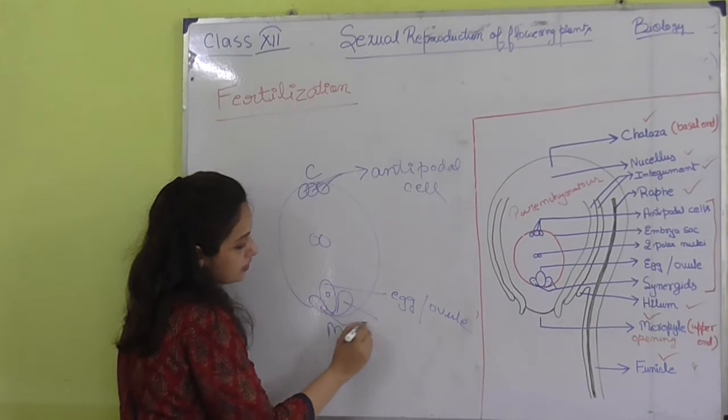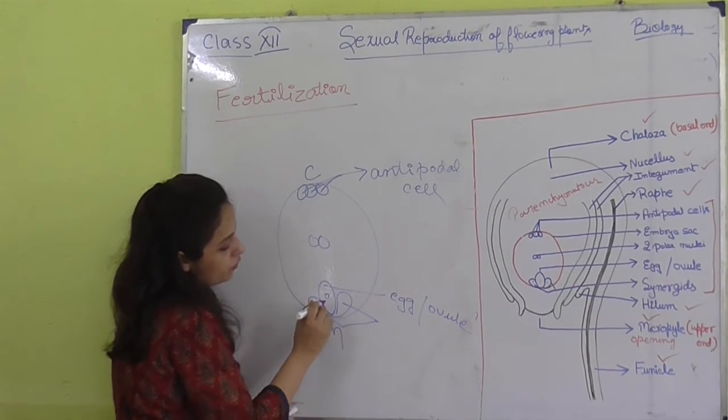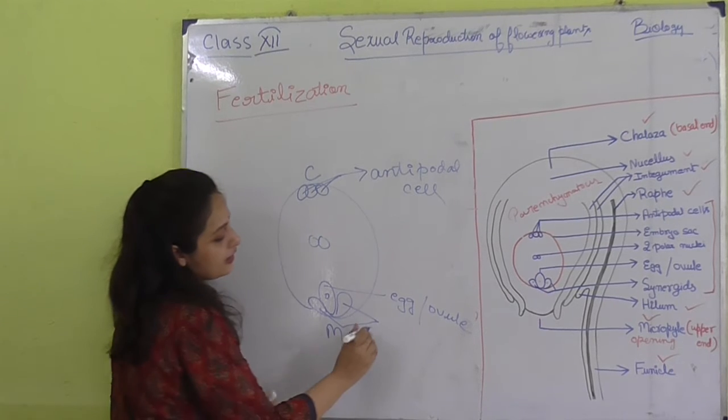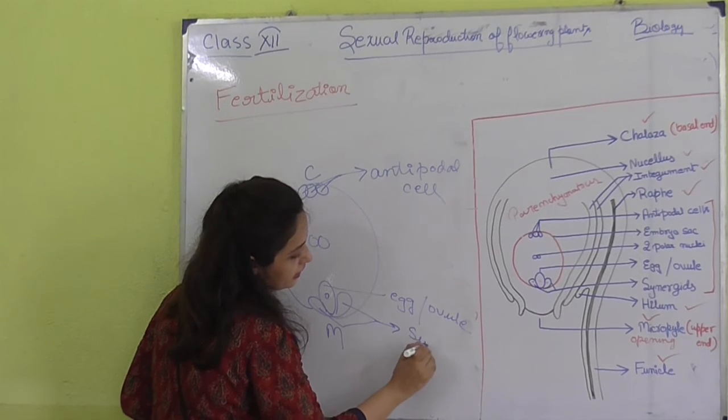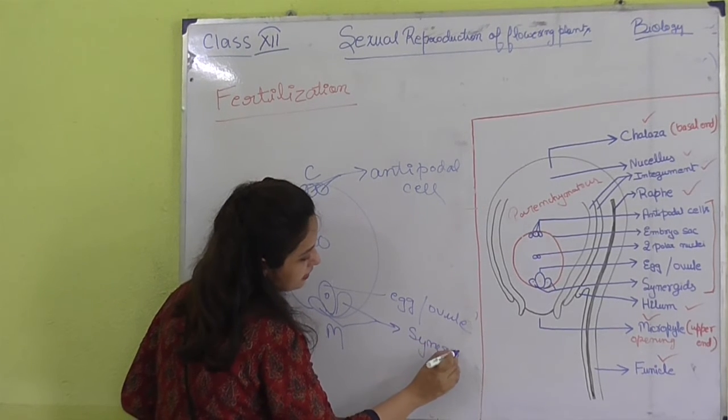These two cells surrounding the egg are known as synergids.